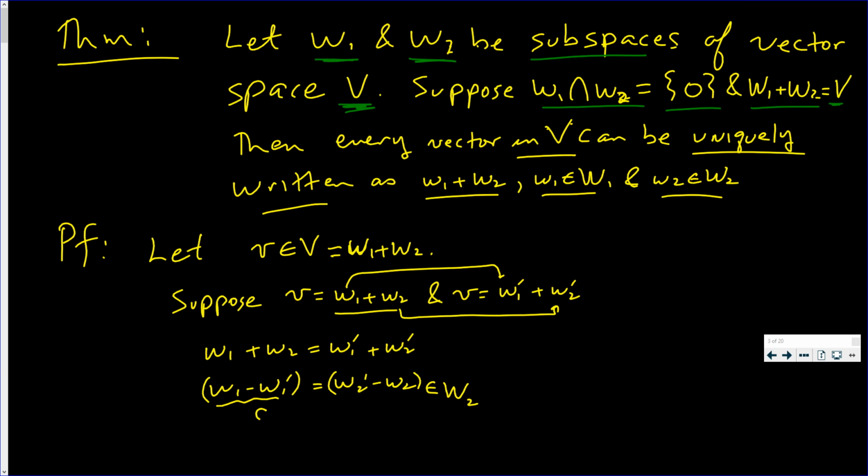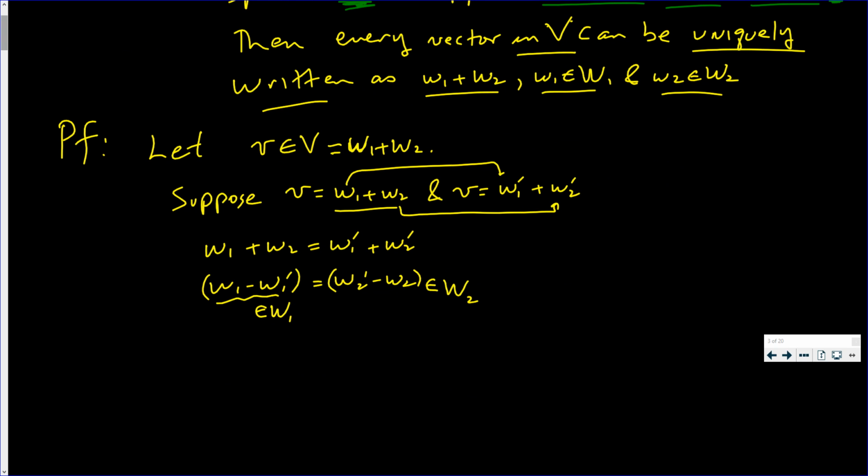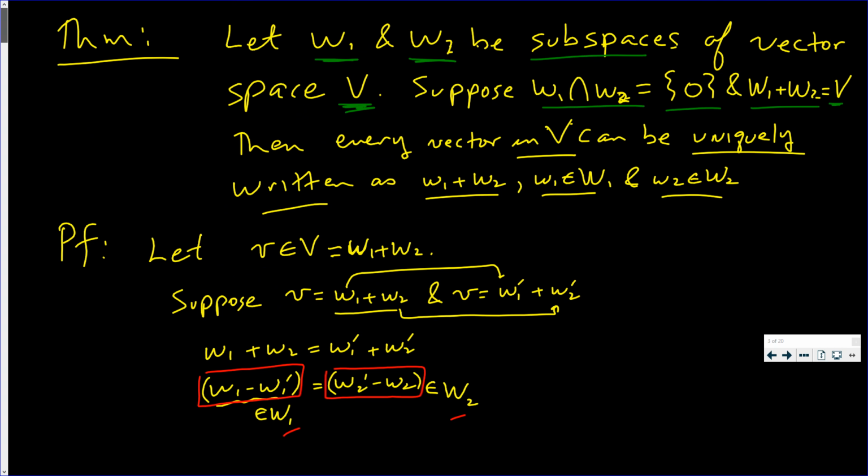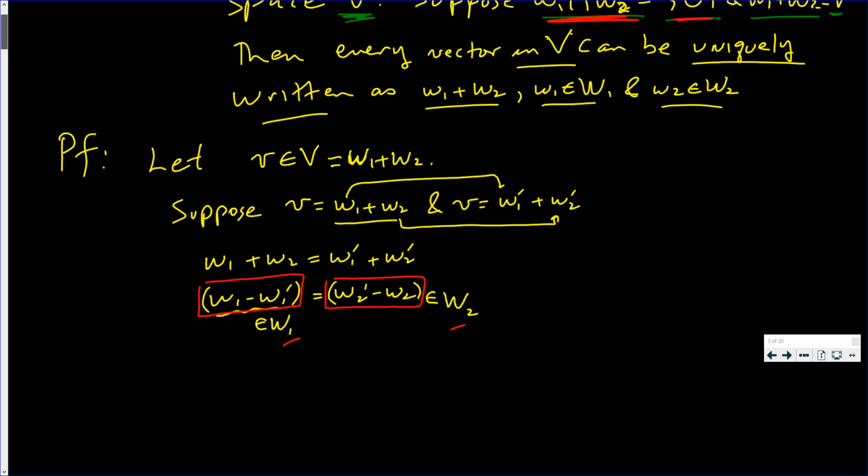And this is in W1. Okay, so what we have is that this element in W1 and this element in W2 are the same. But the only thing that's in both of them, by definition, is 0. Okay, the only thing in both of them is 0.